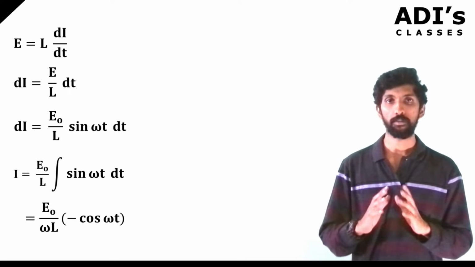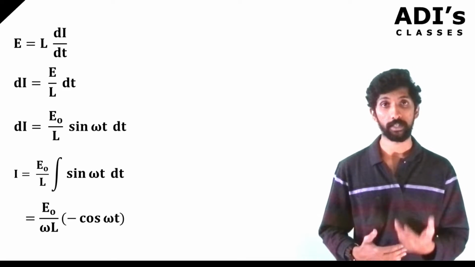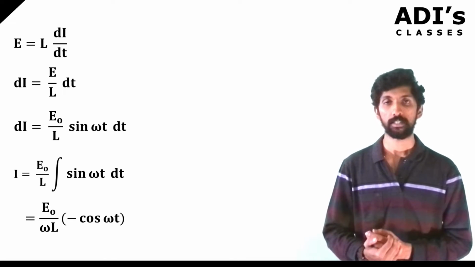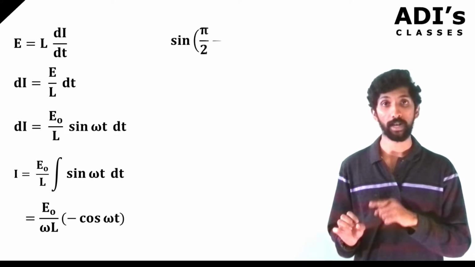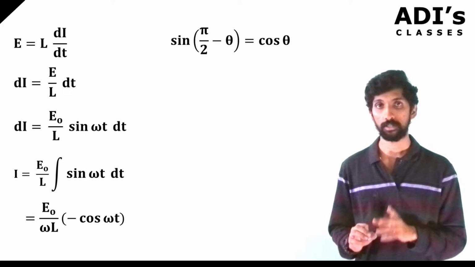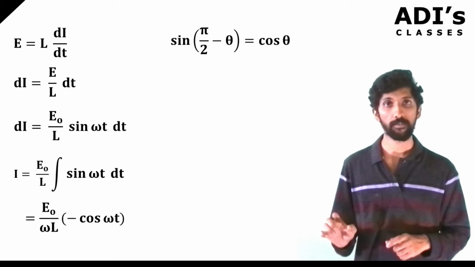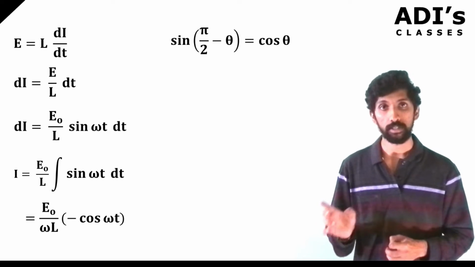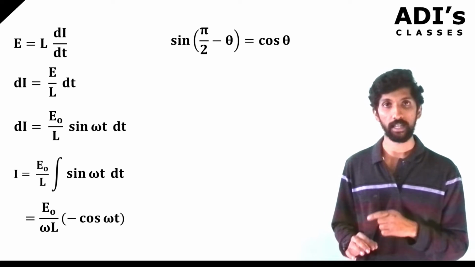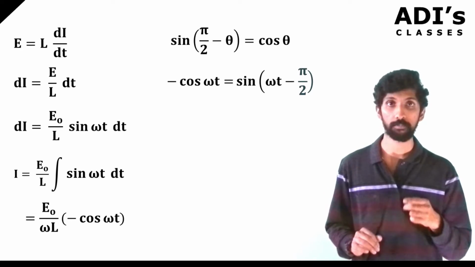Now let's go back to trigonometry, last year's trigonometry. We have sine of pi by 2 minus theta will be cos theta. Now here we have minus cos omega t. So this we can change as sine of omega t minus pi by 2.